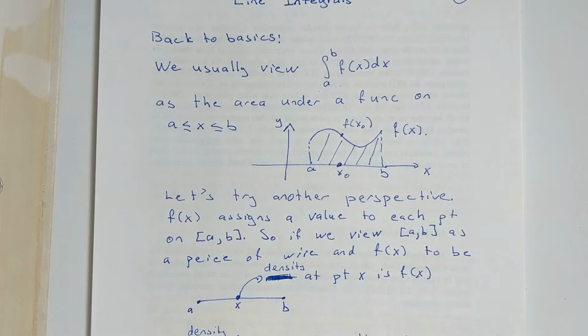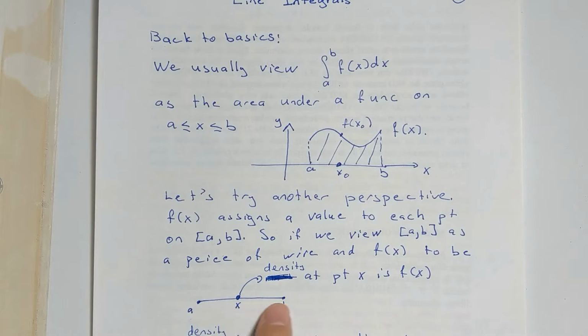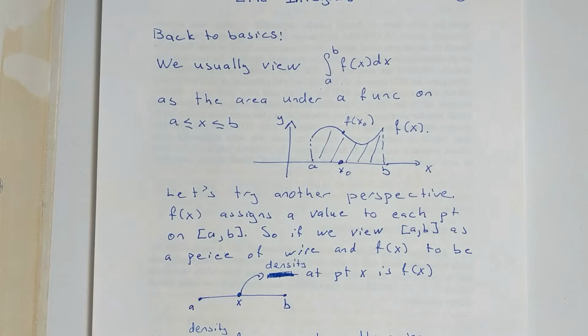So I won't think about an area over an interval. I'll think of the function f as the density function of this line segment between a and b, and at each point x we're given the density of, say, a wire.